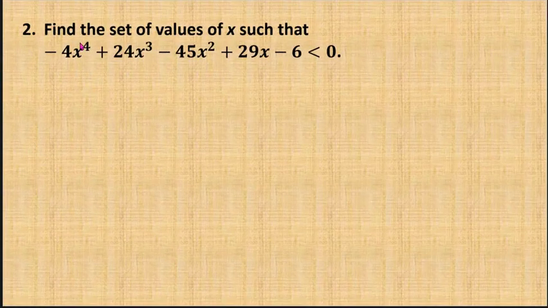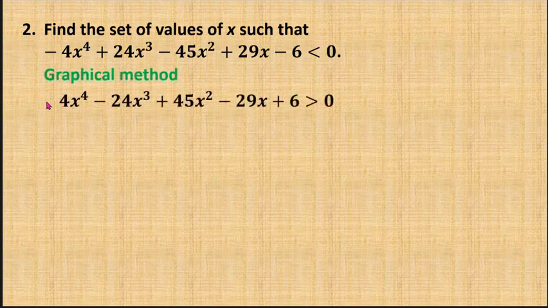Next example, find the set of values of x such that this polynomial is less than 0. In this question, notice that the coefficient of the highest power is negative. Normally, in this case, I prefer to change it to positive by multiplying the inequality by negative 1.